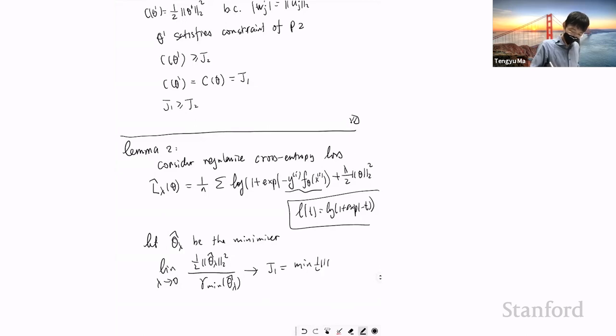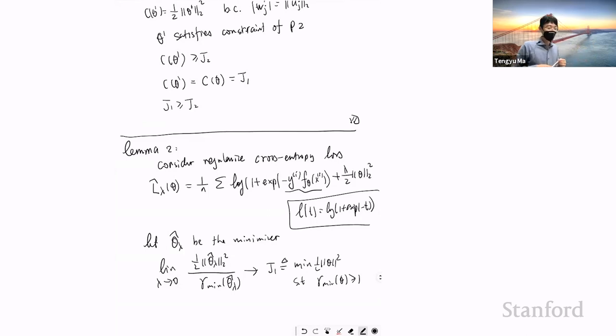I'm just recalling the definition. So basically, you are converging to the max margin solution, or the minimum norm solution up to a scaling, because here I'm looking at the ratio.